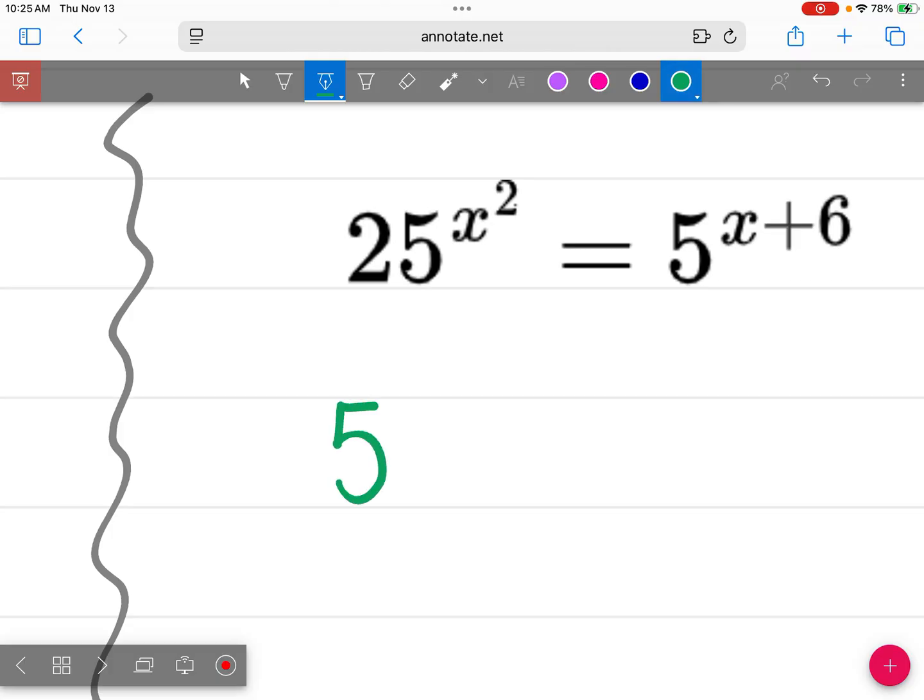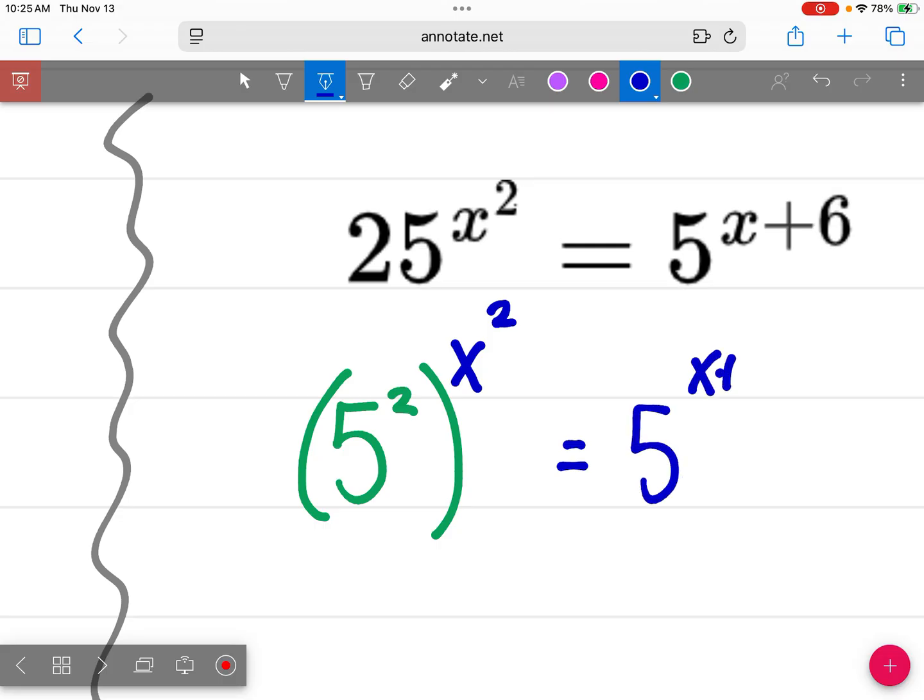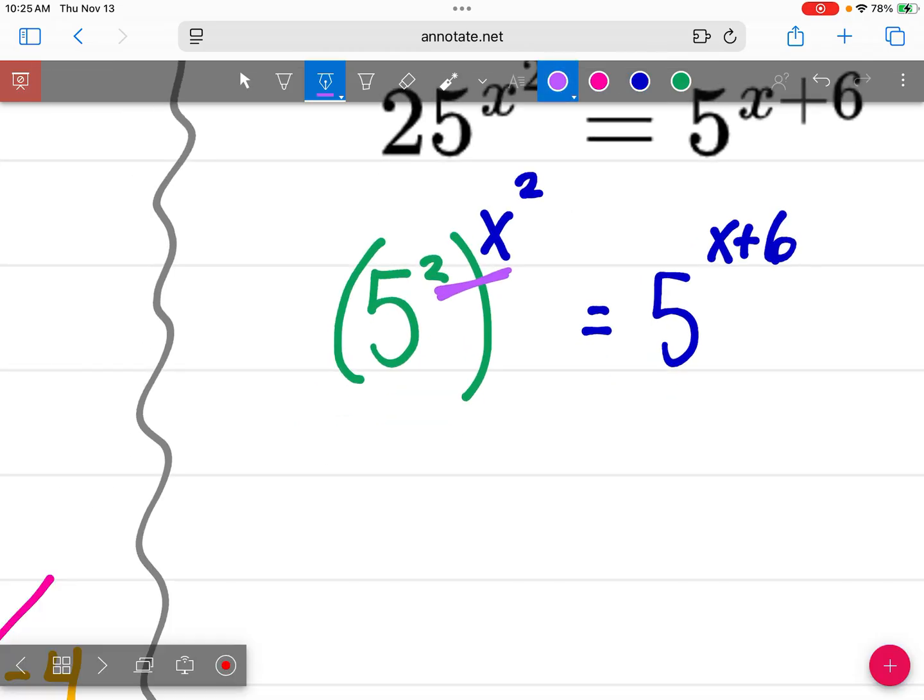I can rewrite this as our 5 squared to the x squared, and our 5 to the x plus 6. We need them to have that same base so that we can look at just the exponents. We don't want to have to do this another way. So we're going to have our 2x squared set equal to our x plus 6.